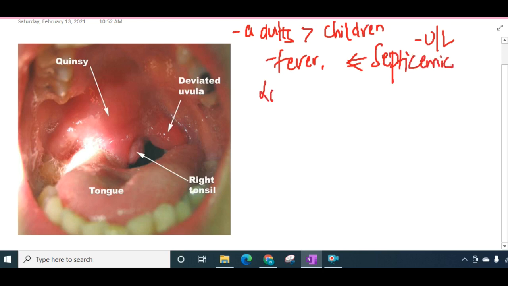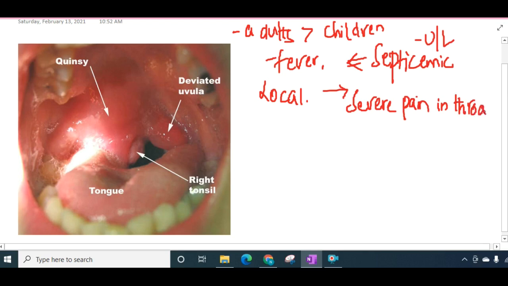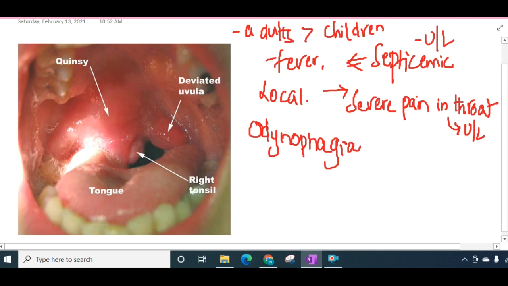Along with that, there will be local features: because of the infection or abscess around the tonsil, there will be severe pain in the throat. Because quinsy is most commonly unilateral, this pain in the throat is also unilateral, and there is pain on swallowing, which is odynophagia.